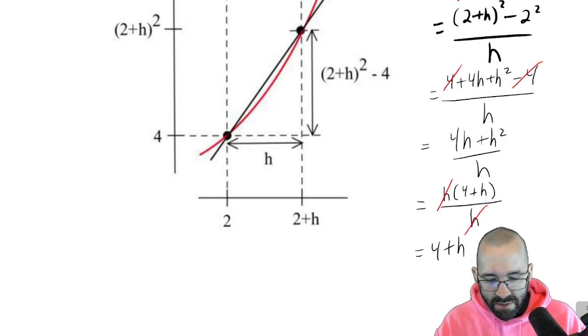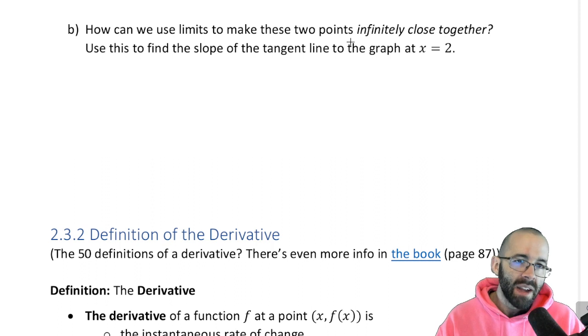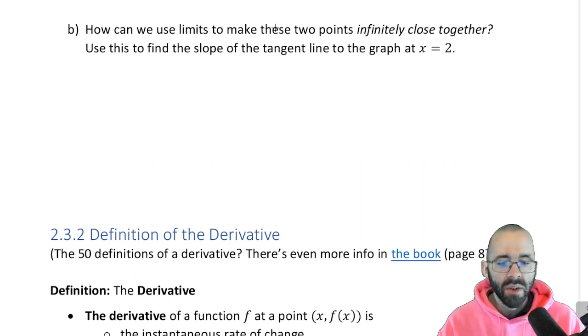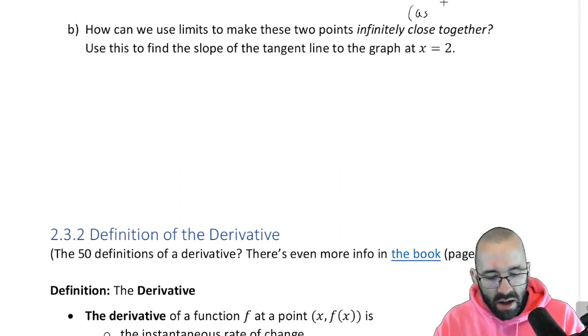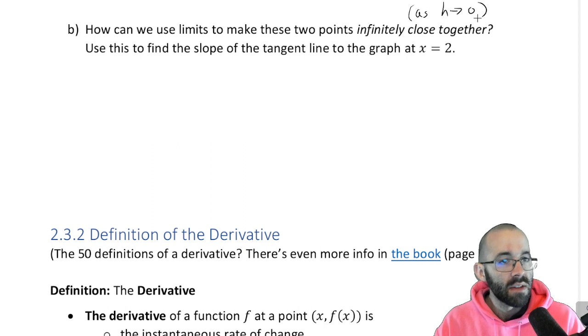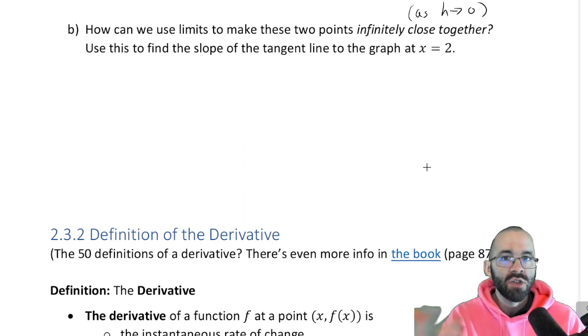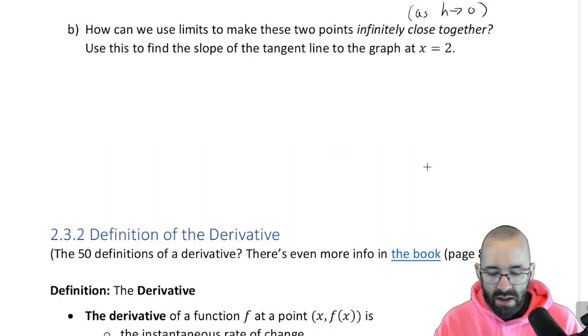And that's what we have somewhere in letter B. Make these 2 points infinitely close together. This is basically what I was saying. The 2 points are infinitely close together as h approaches 0. h is just the distance between the 2 points, well, the distance between the inputs, technically.